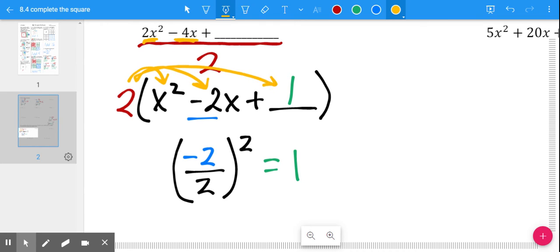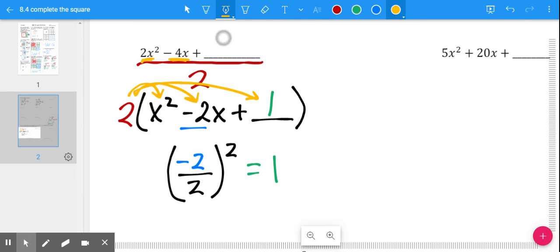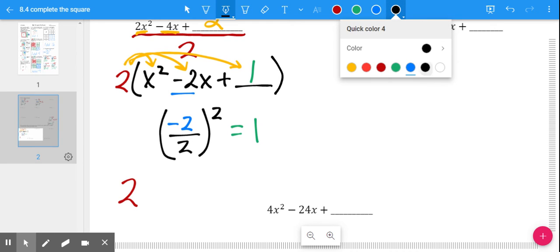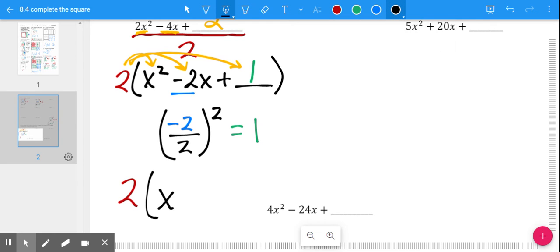So 2 times 1 gives us the 2 that goes in that blank. So if we wanted to break it down, we would go ahead and keep the 2 on the outside. And what's inside is that x, remember, the factor comes from there, so minus 1 squared.